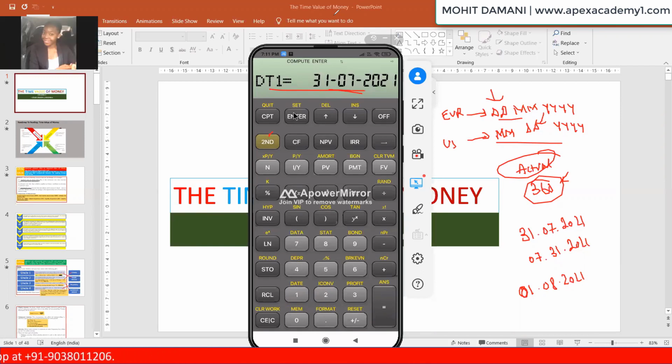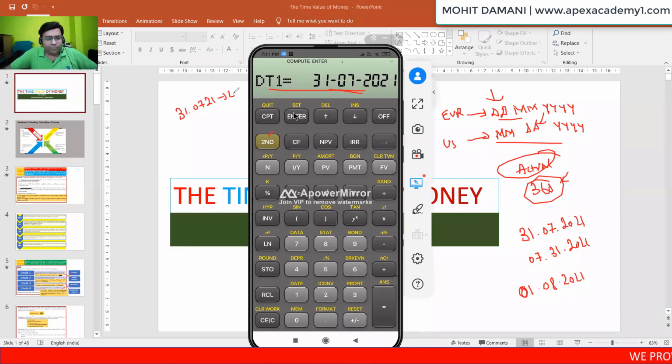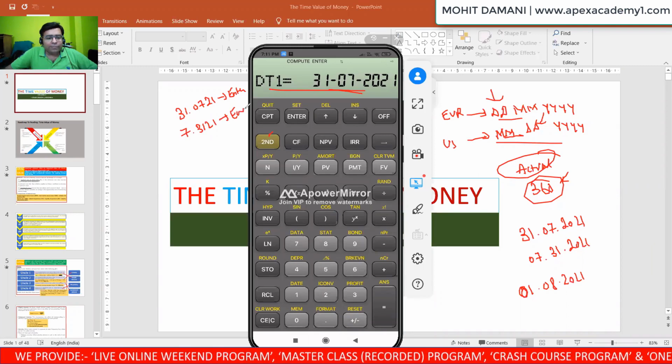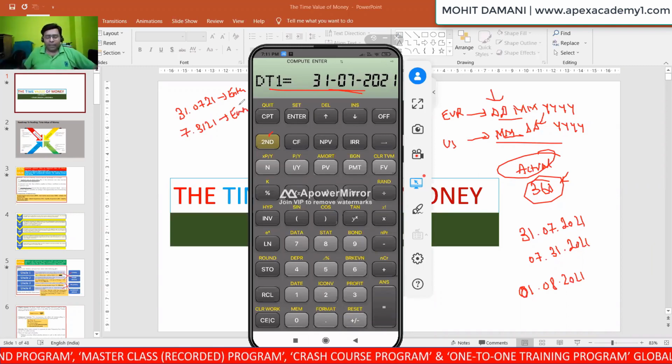This is the way you enter the date in the calculator. If you are using the MMDDYY format, you will press 7.3121, and then again press enter. Then the calculator will take the date.